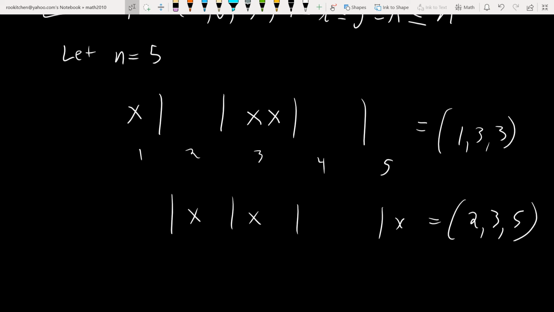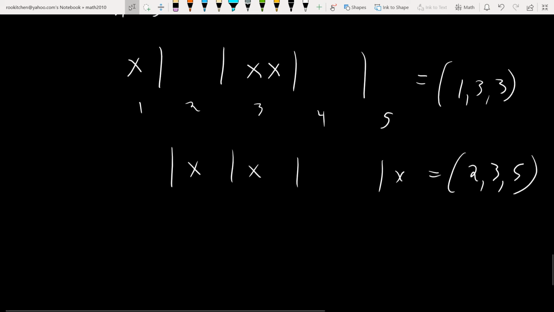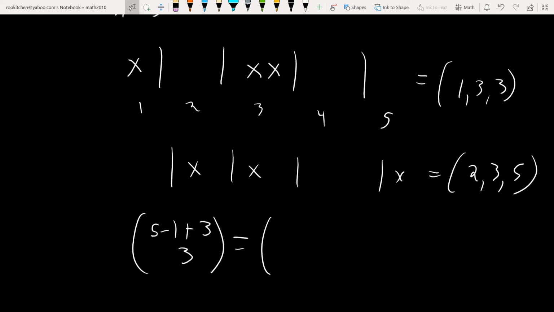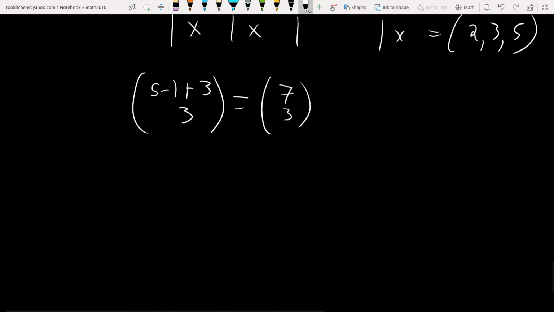Okay. So what we're doing is, in this case, we have 5 minus 1 plus the number of x's, which is 3, and we're choosing 3. So that would be 7 choose 3 in that case. But in general, what's going on is we're having n boxes to fill in.